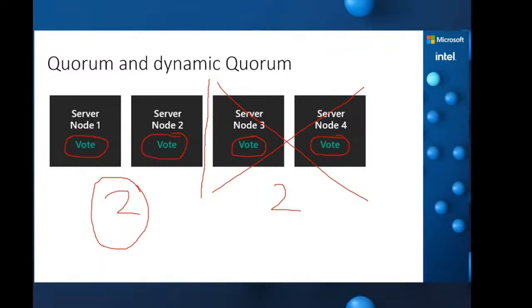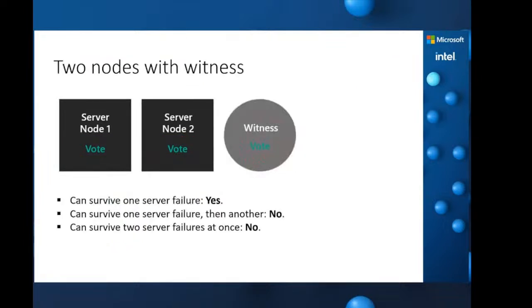And to have a solution for this, Microsoft works with a witness configuration. The witness can be a file share, this can be a cloud witness, this can be a disk-based witness in a traditional storage. And this witness also has a vote.